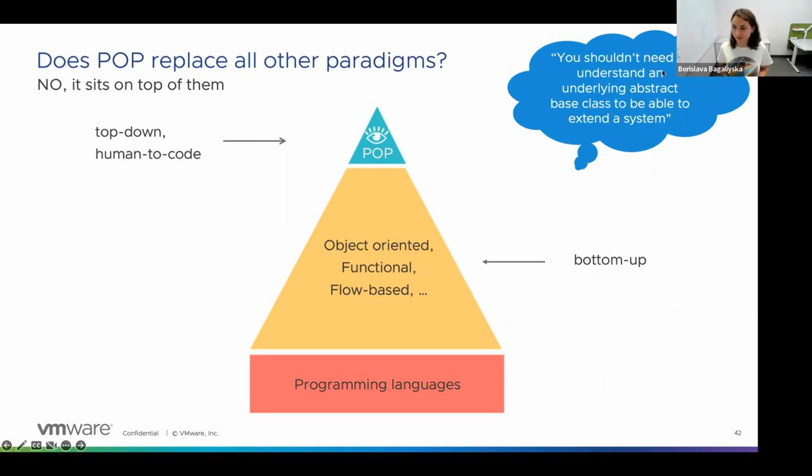And here's a quote from the author, actually, that you shouldn't need to understand an underlying abstract base class to be able to extend the system. So in POP, you don't have to do that. You just have to write another plugin without having to understand why all other plugins work.